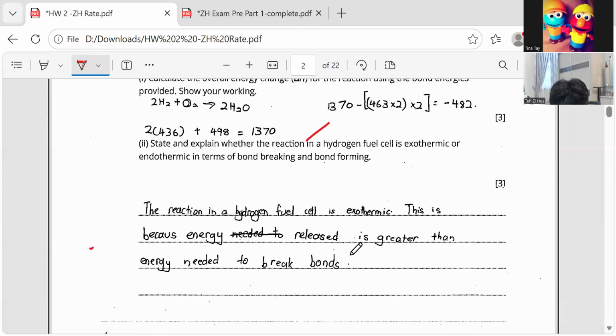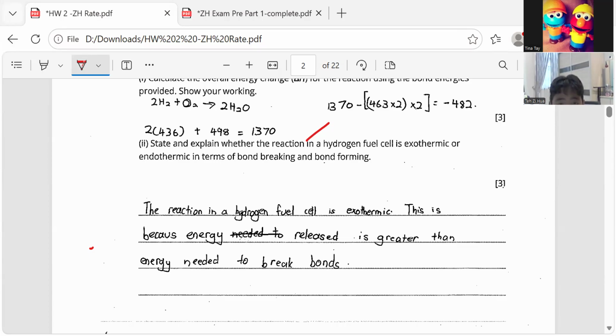You read again, you see what you forgot. You read carefully. There's something missing in your answer. Energy release in bond forming.